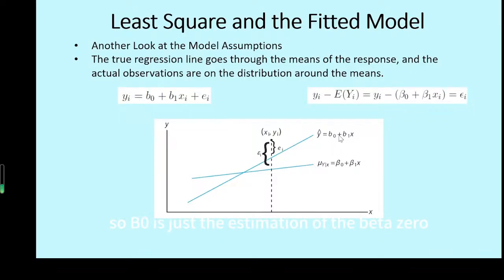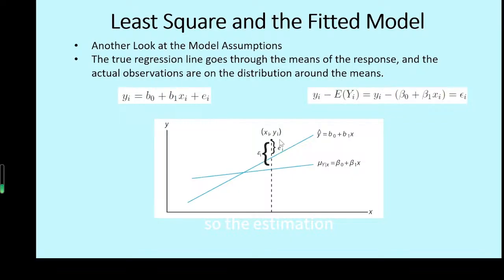So b0 is just the estimation of the beta 0, because beta 0 plus beta 1x is the real line, but we never know this parameter. We can only estimate using b0 and b1 here. So this line is called the fitted line or linear regression line.